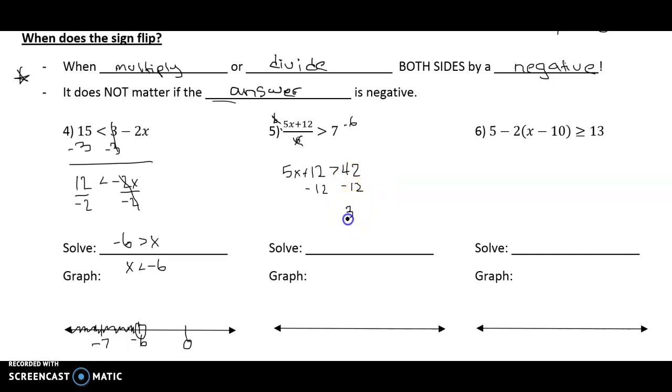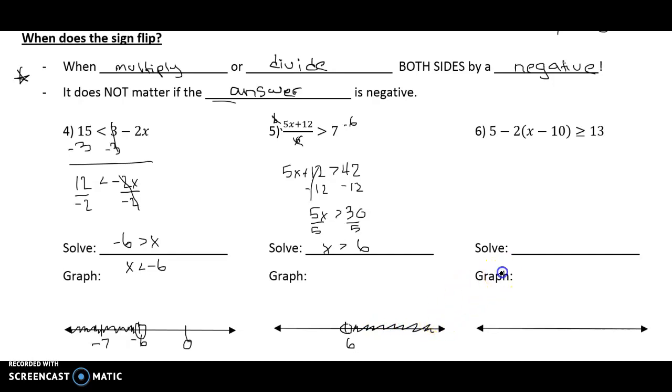So that would give me 30, because those cancel. I'm left with 5x, and then divide by 5 on both sides. Look, I'm not dividing by a negative, so just leave it as is. Sign doesn't flip, and it's just a normal problem. Okay, graphing it, pause it, give it a shot, but this is what you should get.